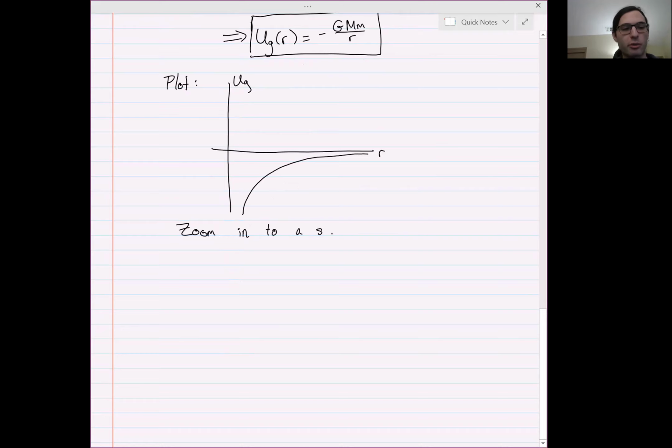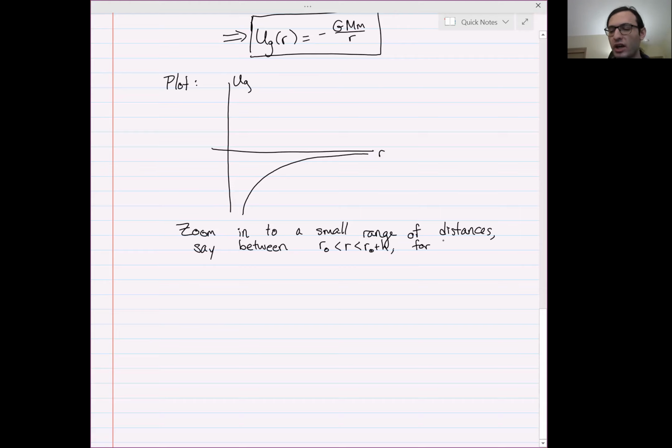We're going to zoom in on a small range of distances r. We're going to look on the range where r is greater than r naught and less than r naught plus, say, h, where h is just some small number.